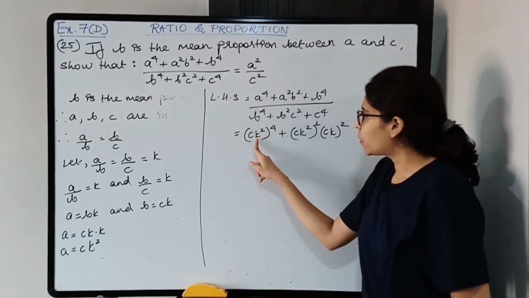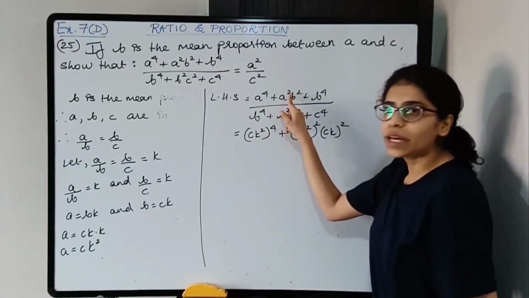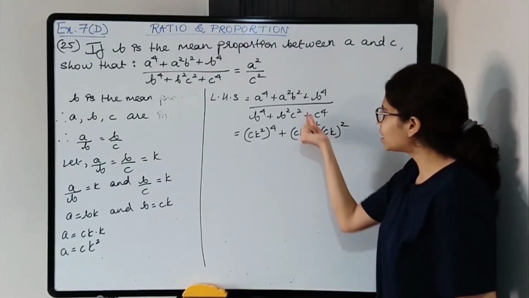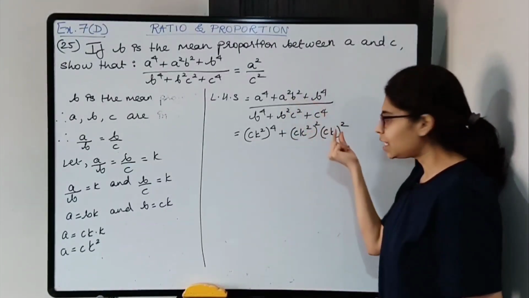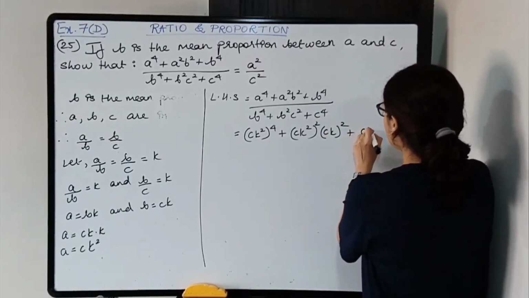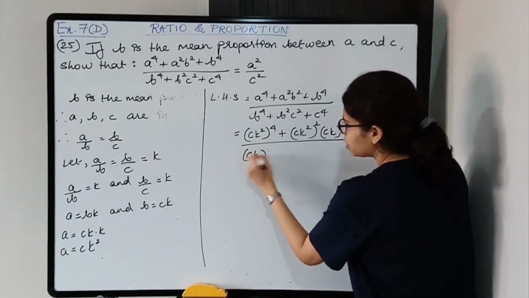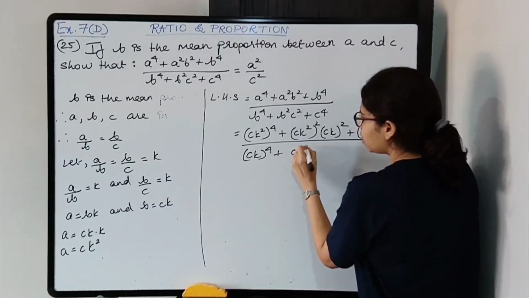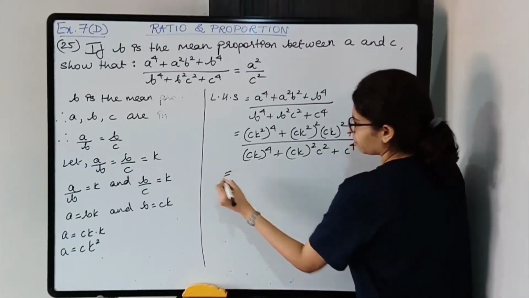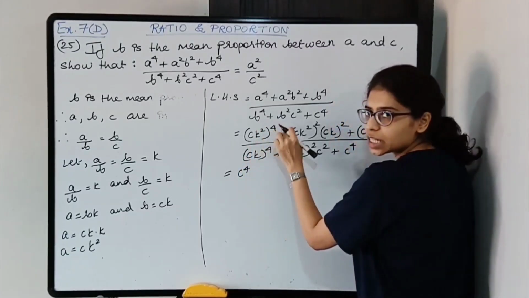A is CK square and raised to 4, so put brackets and raised to 4. It is A's square, but what is A? A is CK square. Write down CK square, put brackets and then square it. B is CK and then square it. B is again CK raised to 4. Again CK raised to 4. CK's square and C will remain as it is only. So C raised to 4, K square raised to 4.